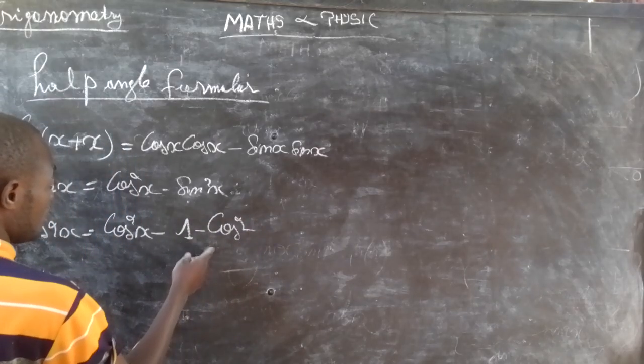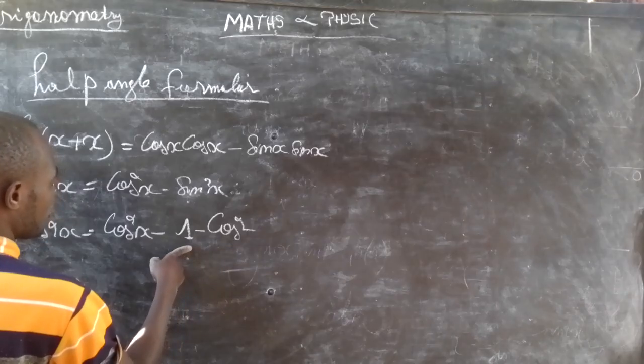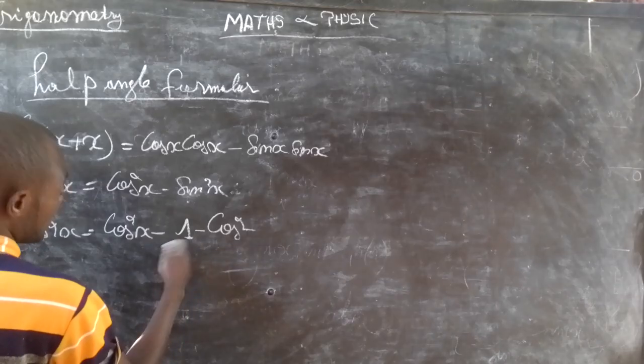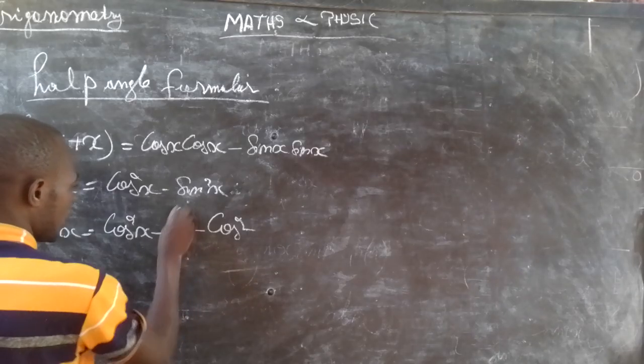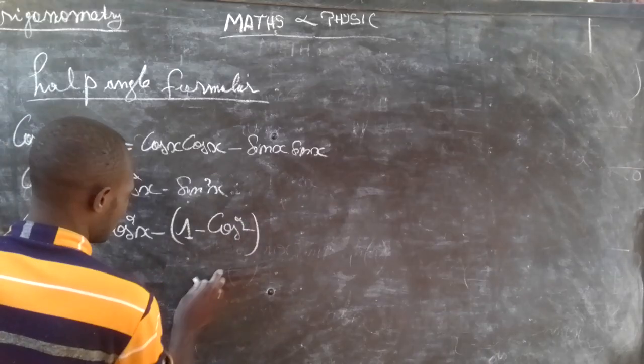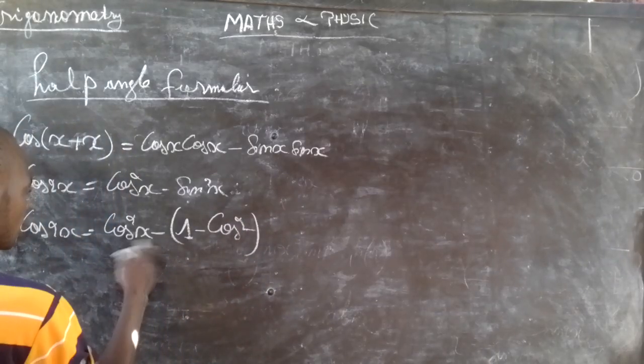So this replaces the value for the sine square. Here we create the square brackets in order to separate it.